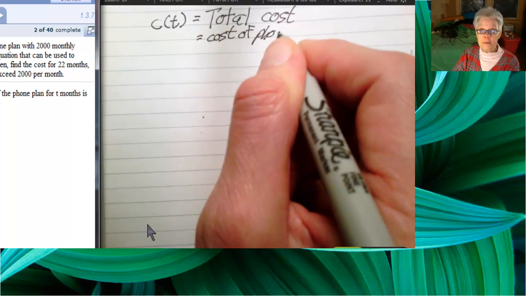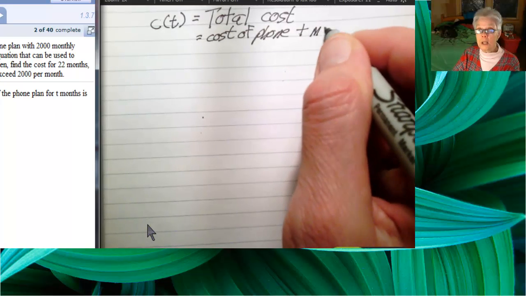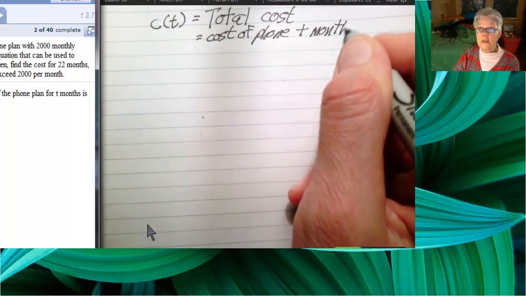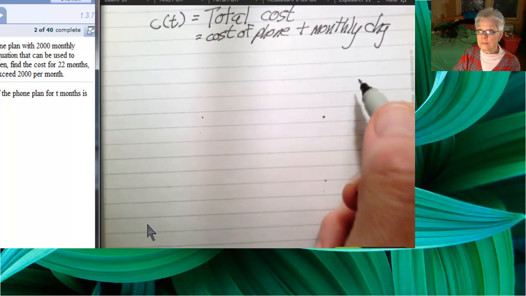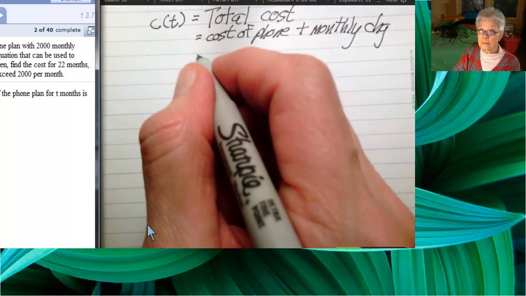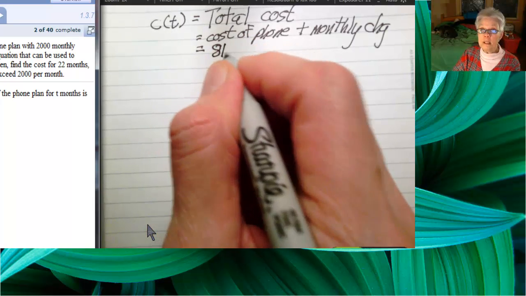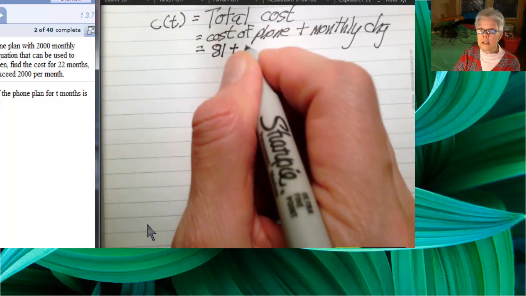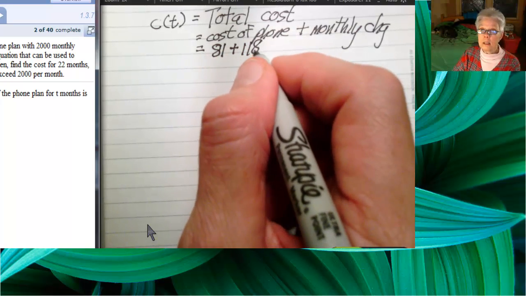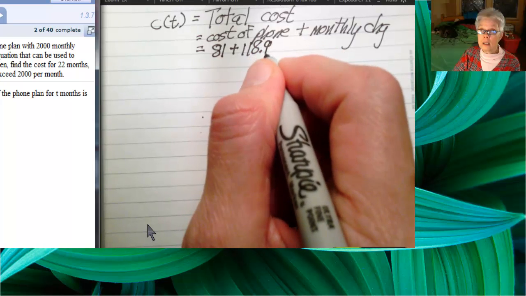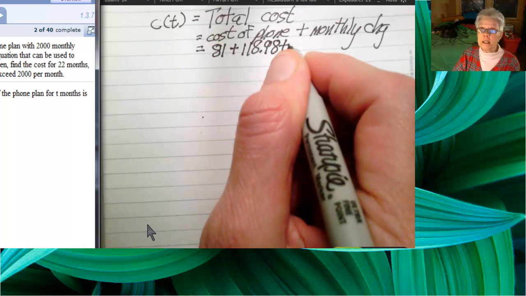All right, the cost of the phone plus the monthly charge. Now this is going to be $81 and then $118.98 times t, the number of months.